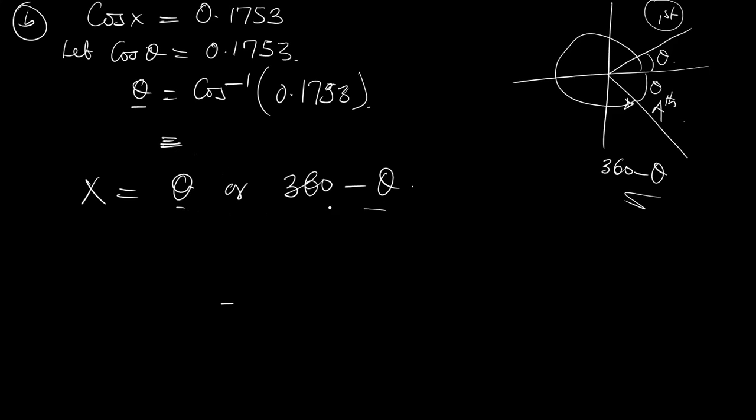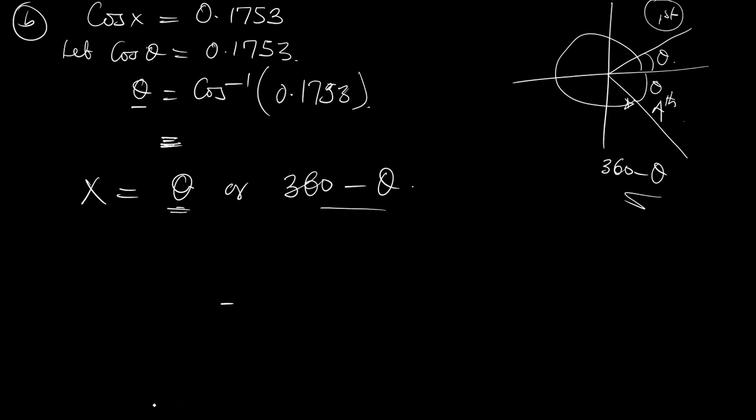Because cos is positive at the first quadrant, where the reference angle is theta, and also positive at the fourth quadrant, where the reference angle is 360 minus theta. So let's look for theta now.